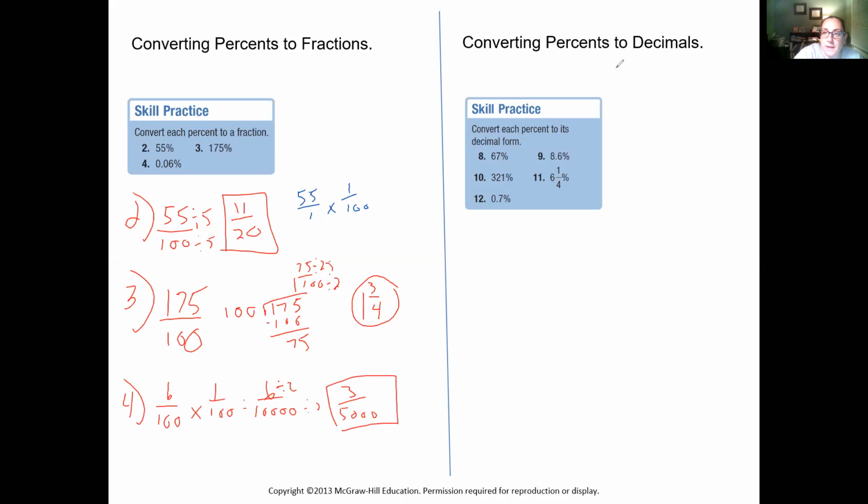And then the blue way with this problem would be 0.6 over 100. This has to go to the right, and this would go to the right. You'd get 6 over 1, 2.